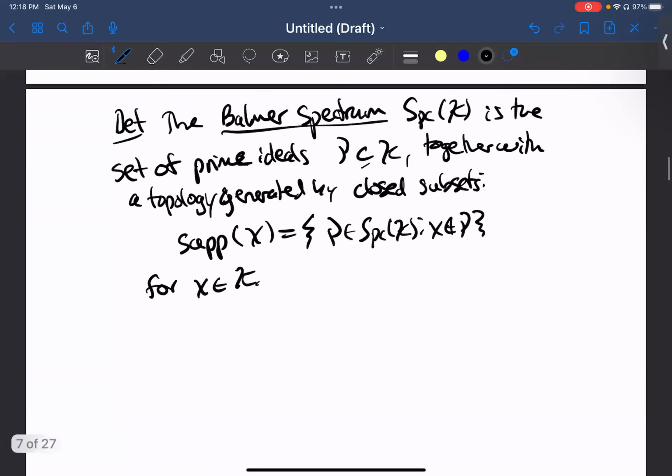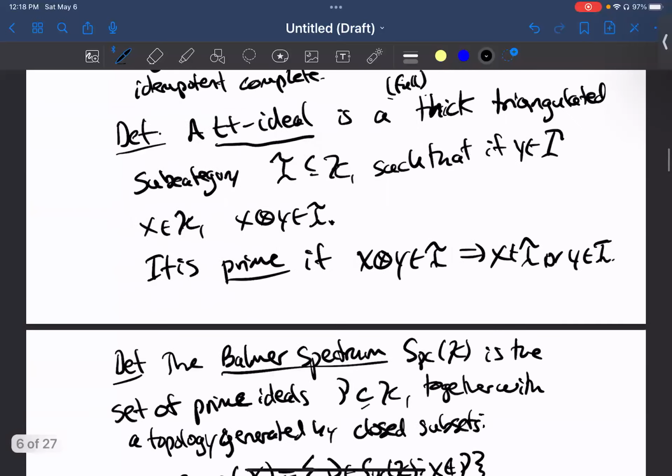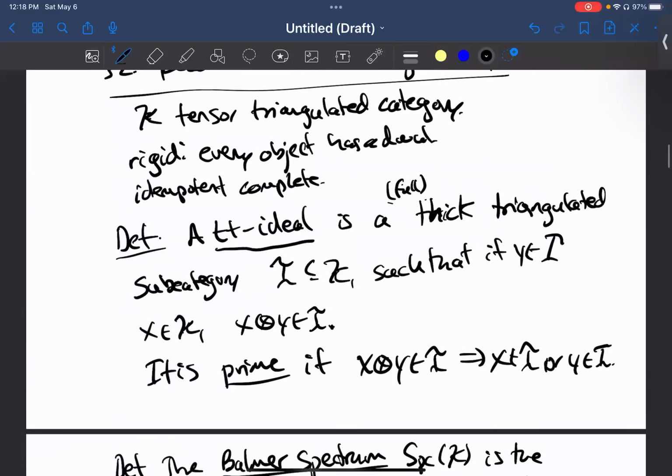So in particular, I should note that here, this rigid assumption is controlling the size of K, so it says K is usually small. Generally, the setup we're going to have is some big triangulated or stable infinity category T, and this is going to have K sitting in here as the compact objects.